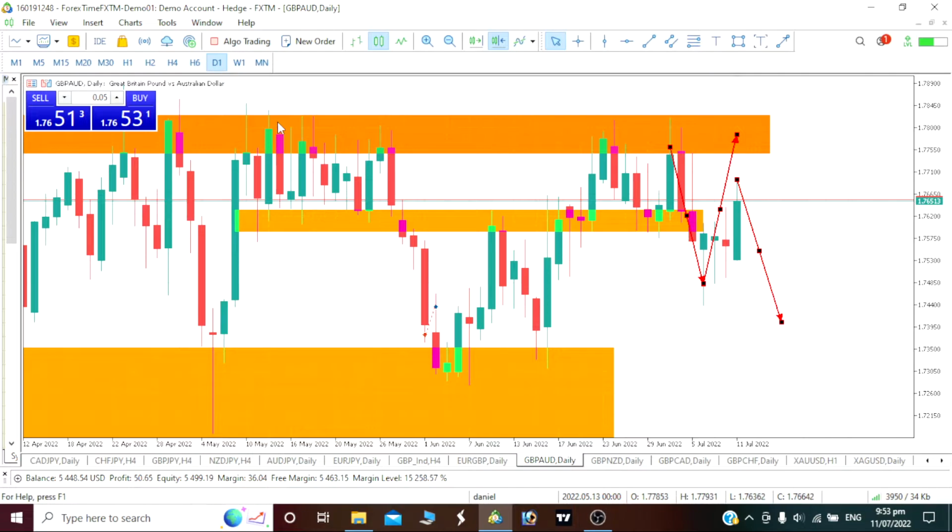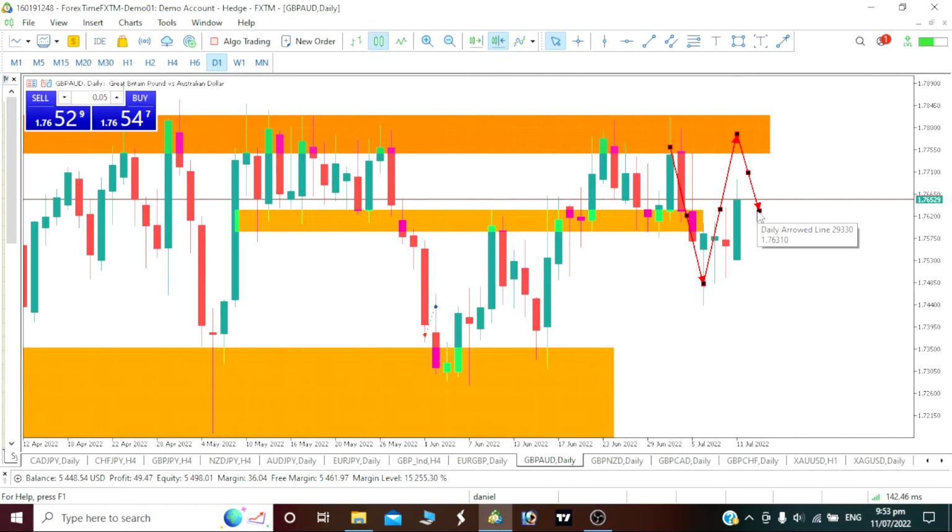As you can see, our price is actually ranging within this area here. As you can see, our wick here on our daily time frame, price is actually fluctuating within this area. So if our pound to our AUD goes bullish, comes here, then definitely we will be seeing a drop again.